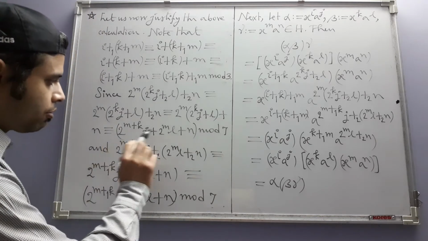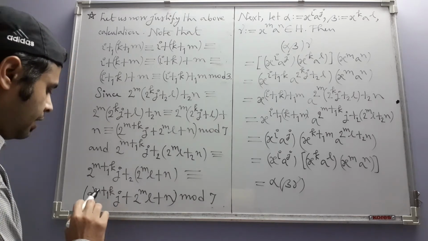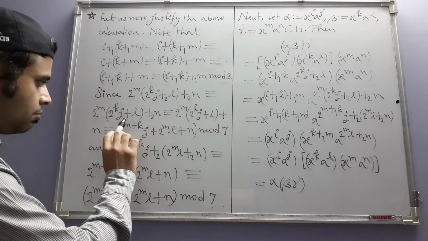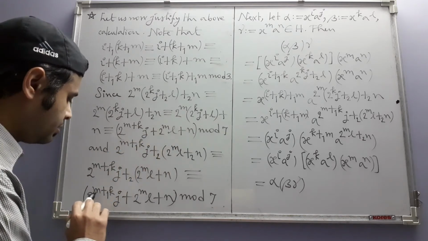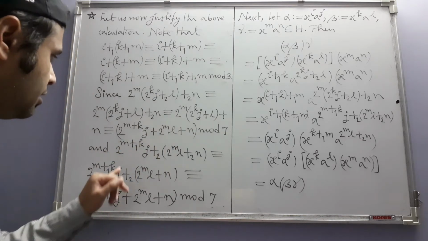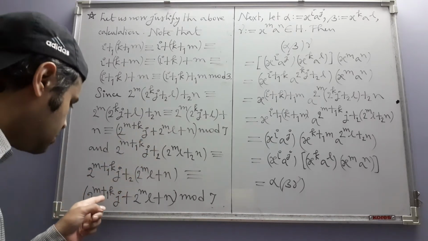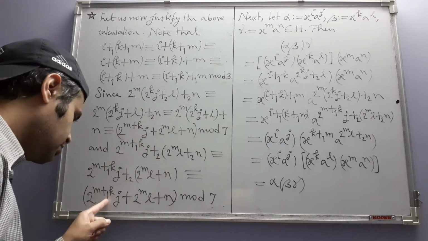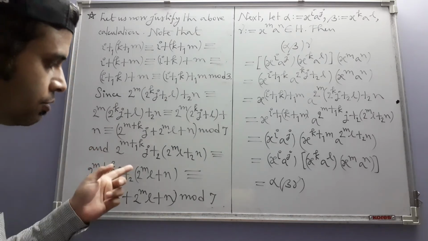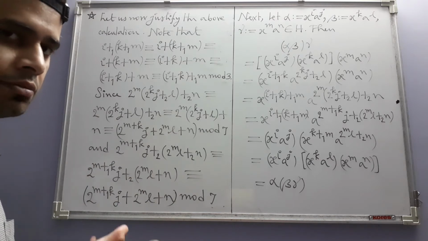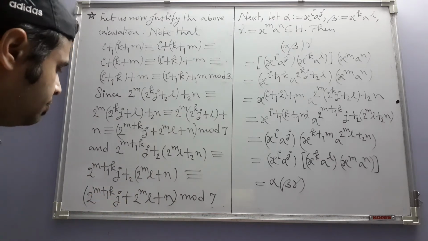Now they look almost like each other except for this part. In one of them we have ordinary m plus k, and in the other we have the remainder when m plus k is divided by 3, because here the suffix is 1, not 2. Suffix 2 means division by 7, suffix 1 of plus means division by 3.